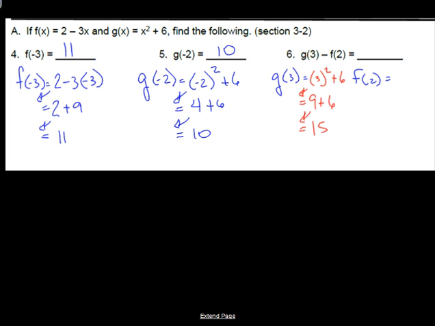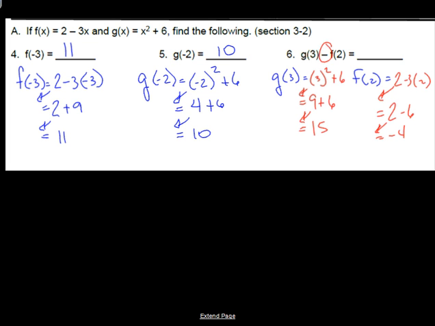F of 2, so that's going to be 2 minus 3 times 2, so 2 minus 6, which is negative 4.